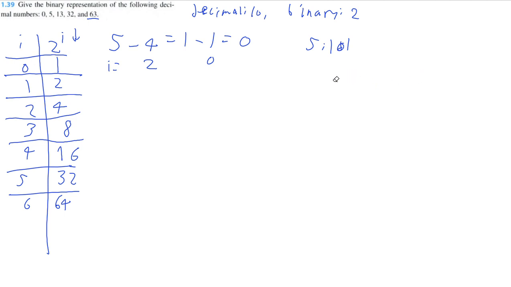So let's continue with 13. The greatest possible number we can subtract is 8. That gets us 5 for I equals 3. The next largest number will be 4 for I equals 2. That equals 1. Then the last number will be 1 for I equals 0. So our largest value of I is 3.